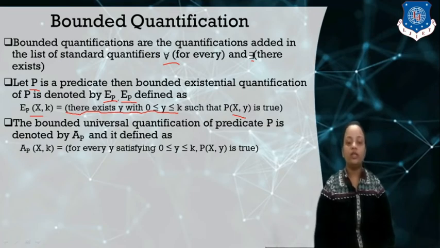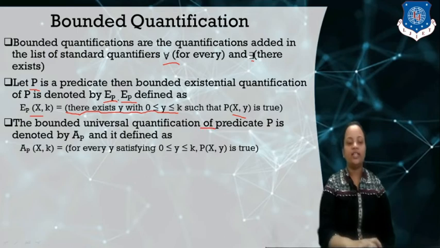The bounded universal quantification of a predicate is denoted by AP, and we can define it as AP(x, k), where for every y.